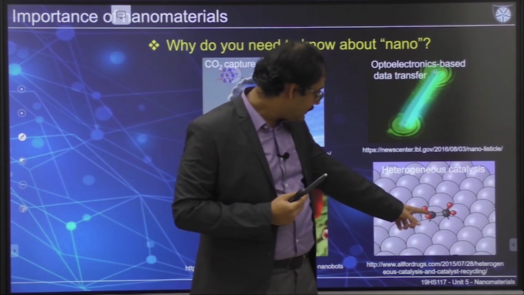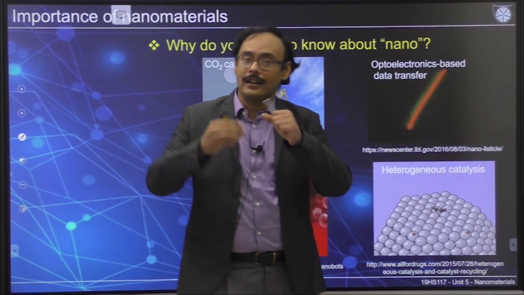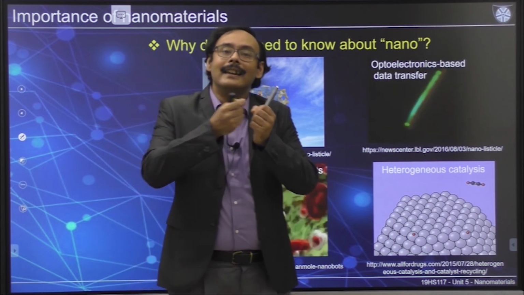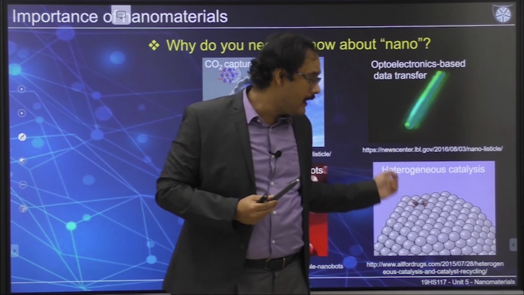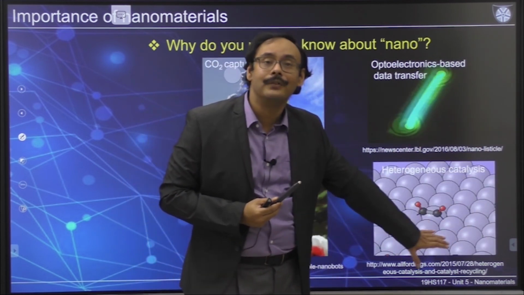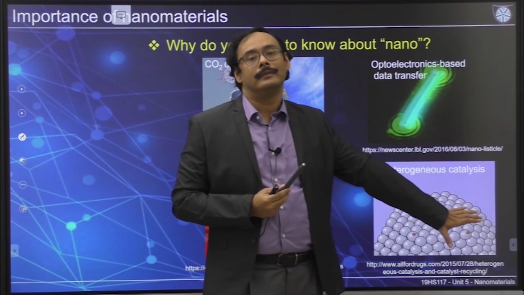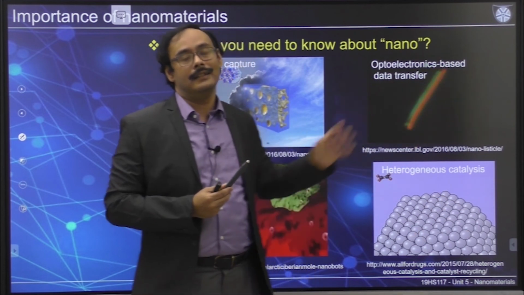So in this particular case, what exactly happens? Ethylene molecule comes and sits on the catalyst. It releases 2 hydrogen and becomes acetylene. So this conversion is also possible because of the unique catalytic activity of nanomaterial. Okay, so that's why it becomes very, very interesting these days.